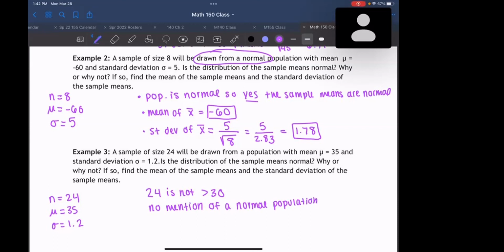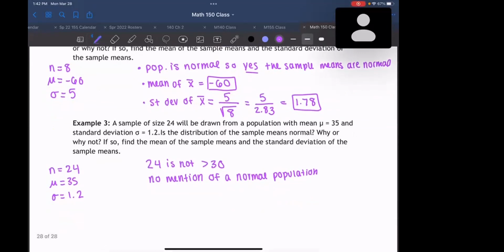And since we didn't really mention that there's a normal population, neither one of these two things are true. And the sample means aren't normal in this case, okay? So sample means, no, aren't. Okay, and since it's not, you don't have to find the mean or the standard deviation. You're kind of just done. Okay. Any questions on example 3?